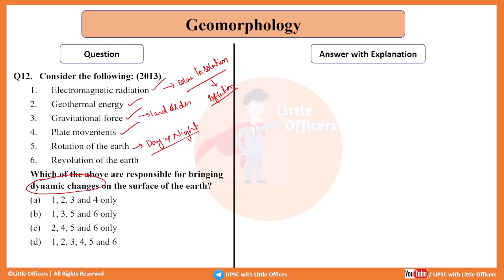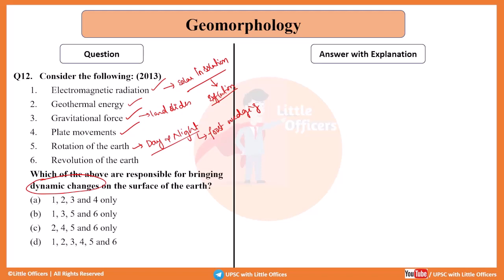Okay, so when days and nights are there, when the diurnal temperature variations are more, that could also lead to expansions and contractions in the different minerals of the rocks, that could lead to weathering. Okay, one of the best examples is frost wedging. Do read about it if you have not read. Frost wedging, this could lead to widening up of the cracks, and that could lead to weathering of the rocks.